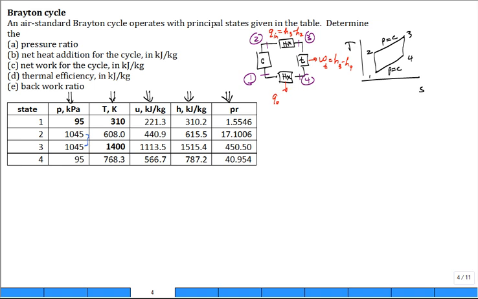I'm going to put it as a positive Q out. That'll be H4 minus H1. And this is a positive work compressor in. Work compressor is H2 minus H1. True? So if I want either one of the Q's or either one of the W's, I need to know H's. So why did they give me a column of U's?